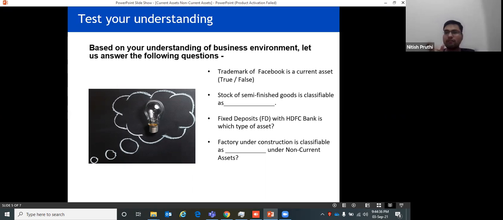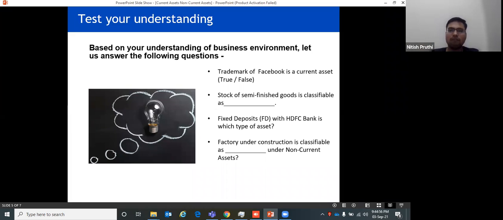Whenever such questions come in the form of an MCQ, you have to choose non-current asset, because fixed deposits are generally done for a longer period of time. That's why they are fixed, right? So in that case, the answer would be non-current asset.